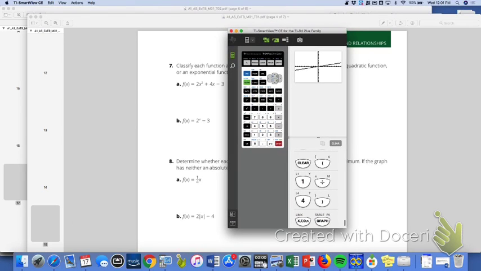This time it's asking whether it has a maximum or a minimum. Look at the shape of the graph. It's going up and it's going to keep going up. Is that ever going to stop? It's linear, so it doesn't have a maximum. Whenever it's linear like that, with arrows on either side, it doesn't have a maximum or a minimum, because that straight line's just going to keep on going.